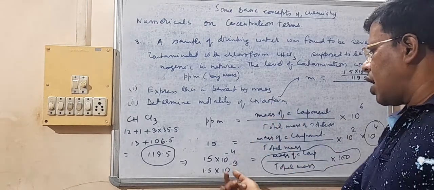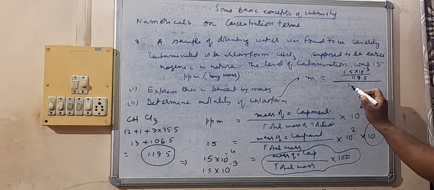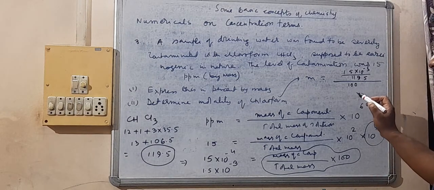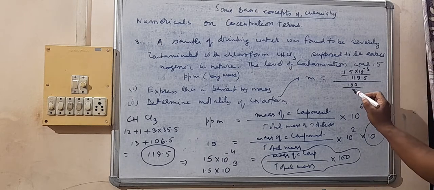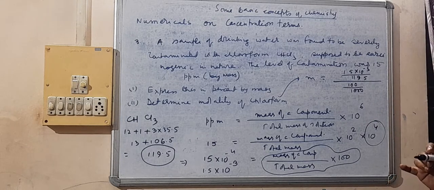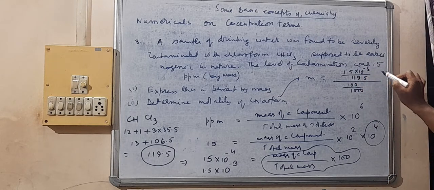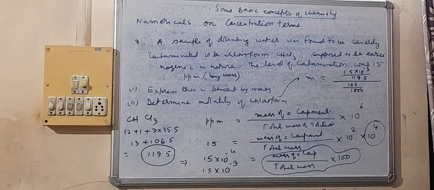So 100 gram of water, and it has to be expressed in kg, so it will be divided by 1000. So this thing you simplify, you will get the answer, and that will be the molality of the solution.